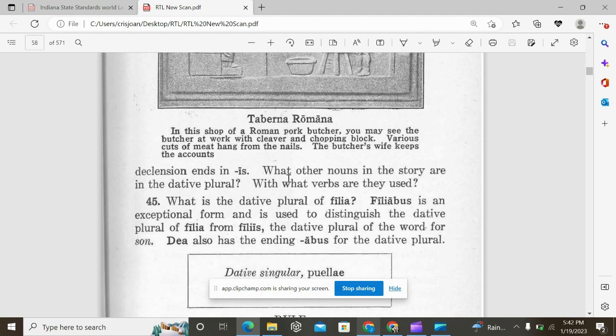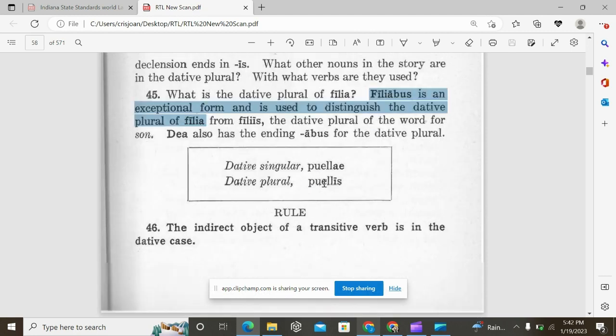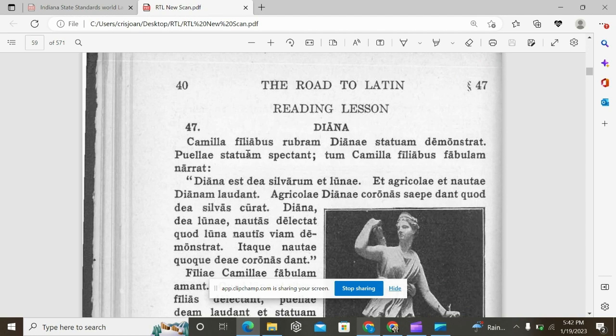Filiabus has to be dative plural because, as Helen Chestnut explains to us above, filiabus is an exceptional form of the dative plural of filia. So that word can't be anything else. It has to be dative plural. So she probably has daughters who aren't in that story. Camilla to the daughters, filiabus, the red statue, demonstrat, shows.